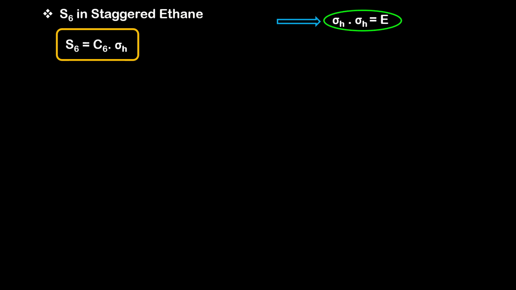Next, where n is even. Here we are taking the example of staggered ethane. In the case of staggered ethane, S6 is equal to C6 into sigma h. Some key points. Two times sigma h leads to identity, and second, S6 raised to 6 is equal to E. That means Sn raised to n is equal to identity.